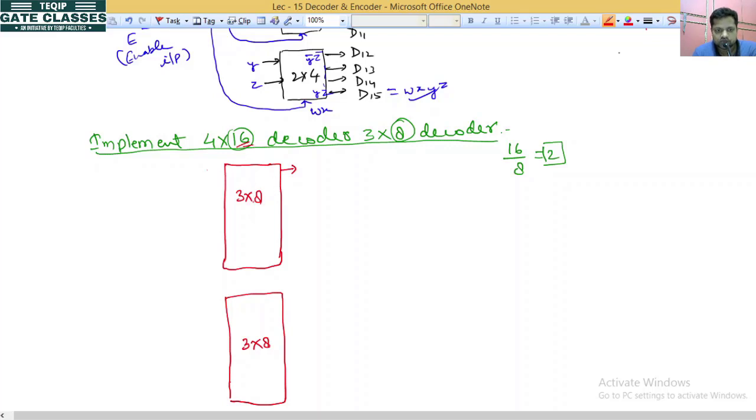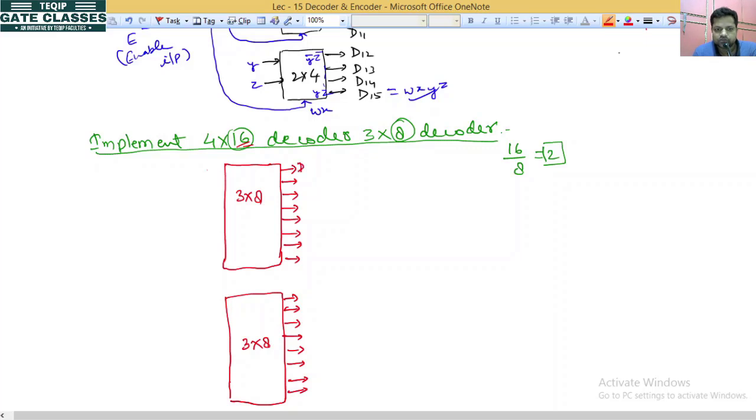One 3x8 decoder gives you 8 outputs, so we have to use two 3x8 decoders to get these 16 outputs. It will be 1 2 3 4 5 6 7 8 9 10 11 12 13 14 15 16.